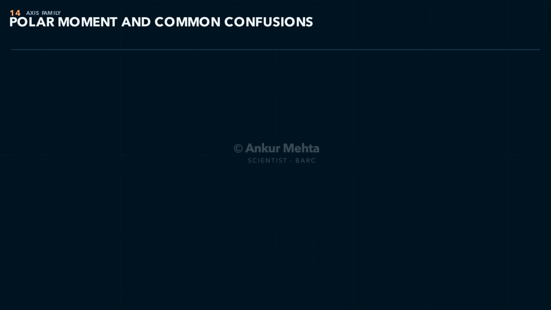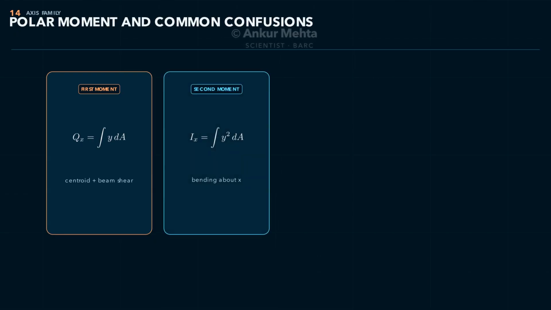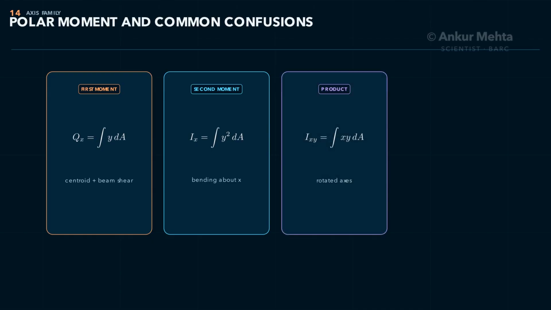Area has several related moments. The first moment Q equals integral y dA and is used to locate centroids, and in the beam shear formula VQ over It. The second moments Ix and Iy describe spread about in-plane axes. The product of inertia Ixy equals integral xy dA and helps with rotated axes and unsymmetrical bending. It is zero about axes of symmetry.